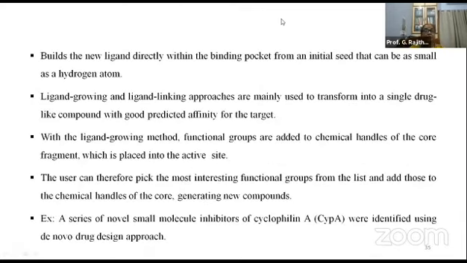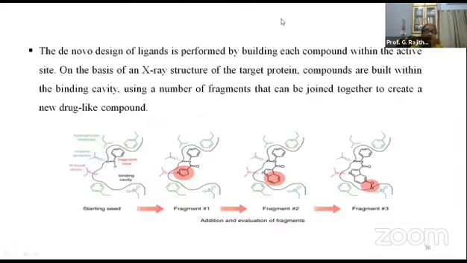So these are the diagrams. This is the binding cavity. What we do is place the chemical entities into each pocket and they will grow, like here the pink one is growing.